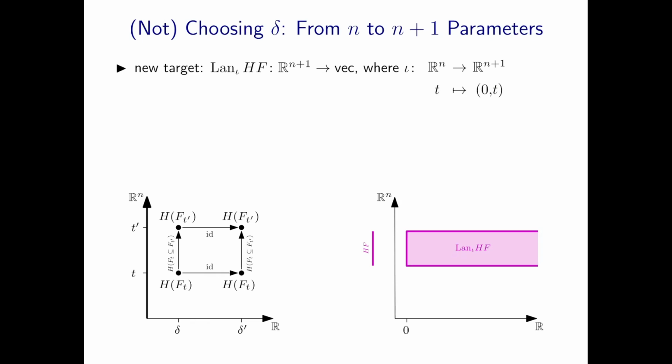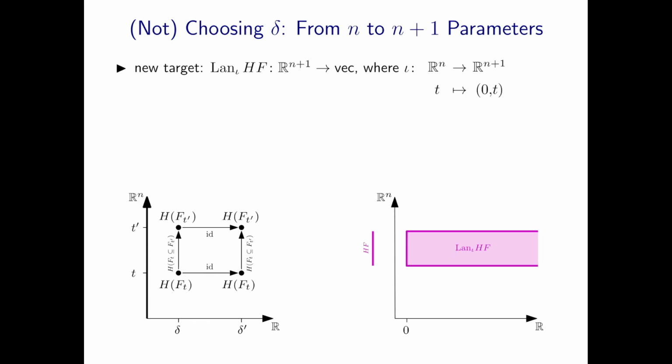So what I do is I extend the H of f from R^n to R^(n+1), which is really the same thing as saying, I place copies of R^n in each vertical slice for each value of delta, and then I put identity maps between these copies of the vertical hyperplane.